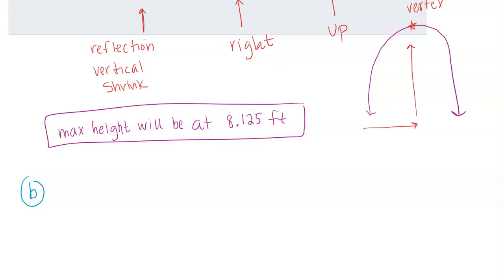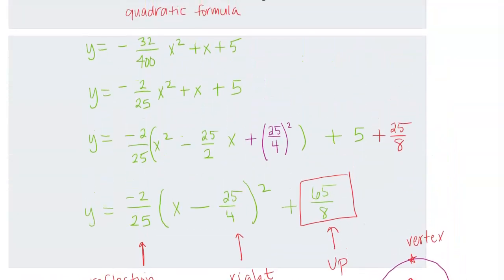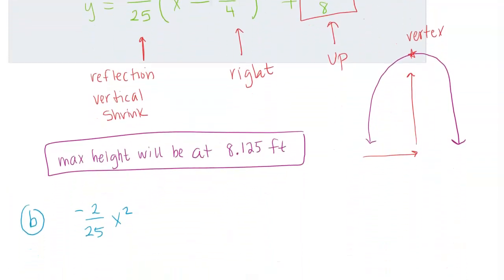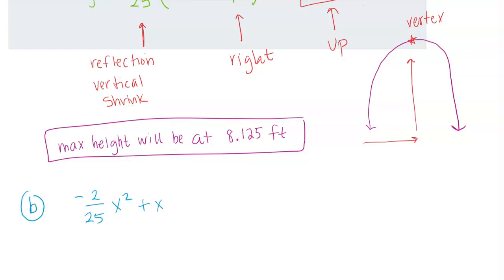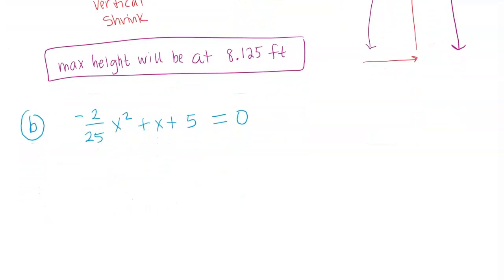Our original equation was negative 2/25x squared. Let's go back and look real fast. Plus x plus 5. And we're solving this equal to 0 when we're finding those intercepts. So this is A. B is going to be 1.